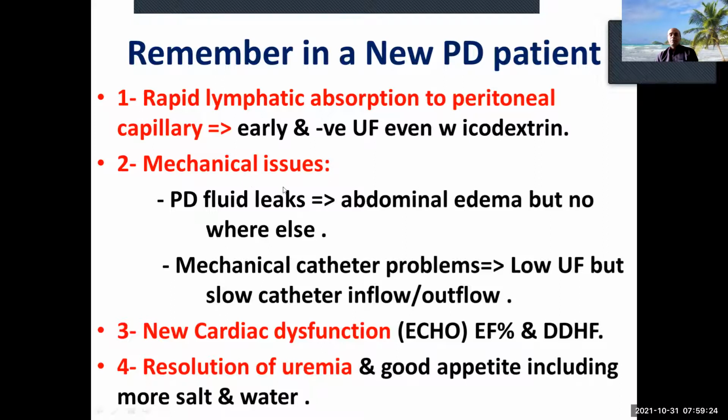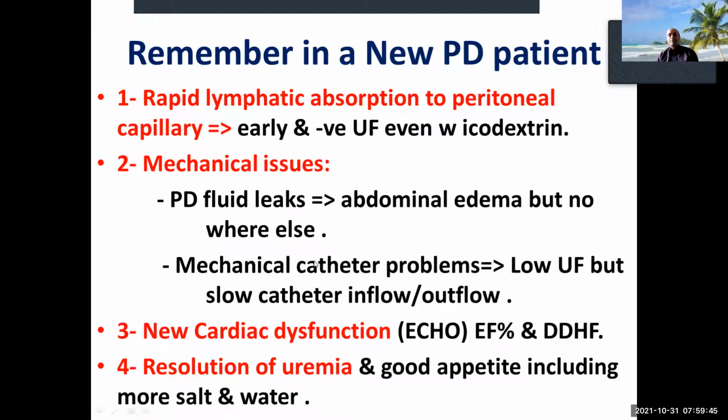Another mechanical issue with a new start PD is fluid leak. Some abdominal edema will be found because it leaks a little bit, but nowhere else, not in the pleural effusion as we see. And the mechanical catheter problem: low ultrafiltration but slow catheter inflow and outflow.